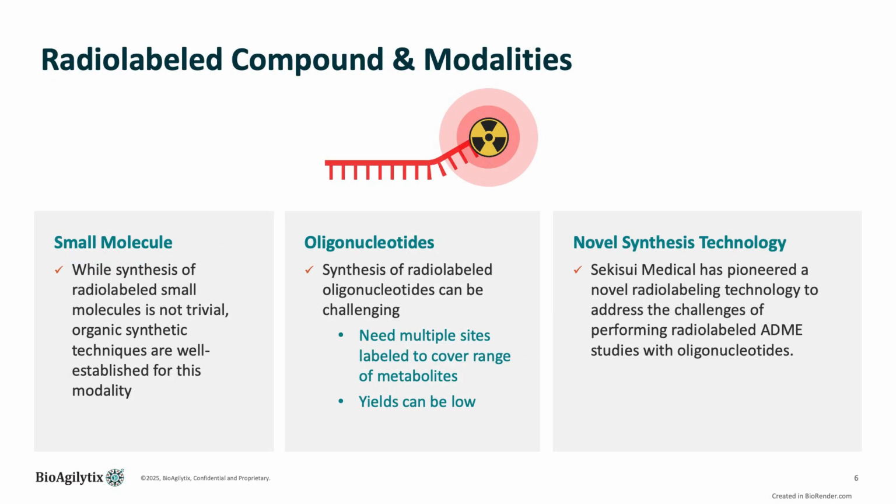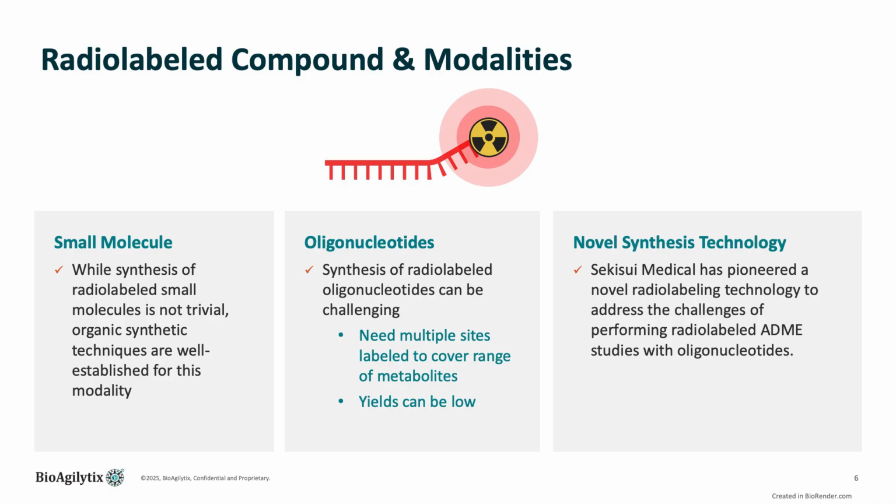For small molecules, the synthesis of these is not necessarily trivial, but organic synthetic techniques are well established for this modality. Oligonucleotides, on the other hand, can be tricky to synthesize. Multiple sites may need to be radiolabeled so that we can cover a range of different shortmers. Yields can be low.